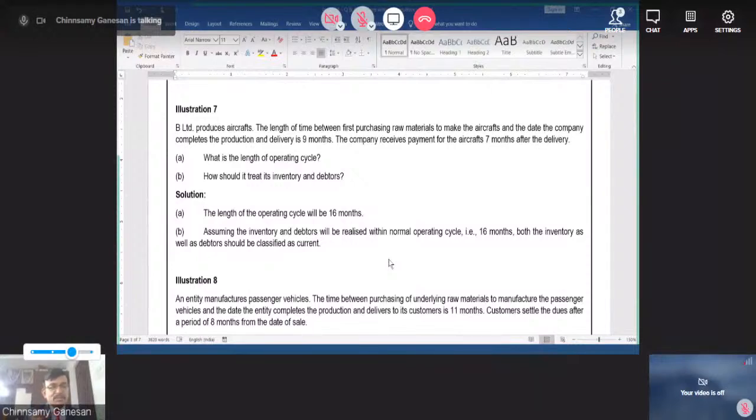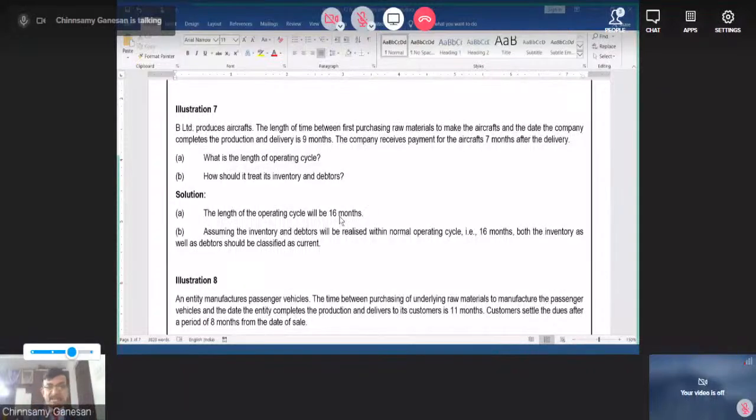Suppose I say inventory may take more than 16 months. In this example, the first condition is not satisfied, but the second condition, whether it is held for sale, will always be met. So inventory will always be considered as current, even if they say more than 16 months for inventory.